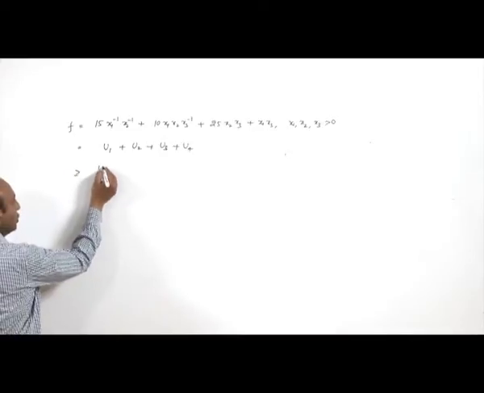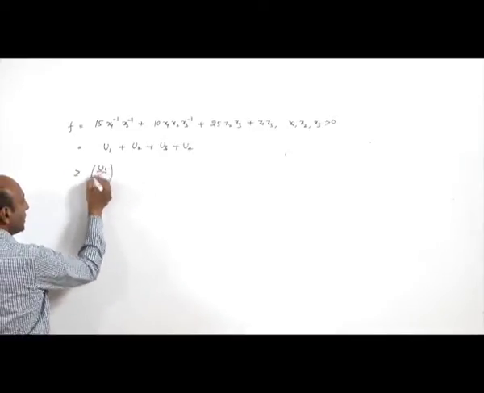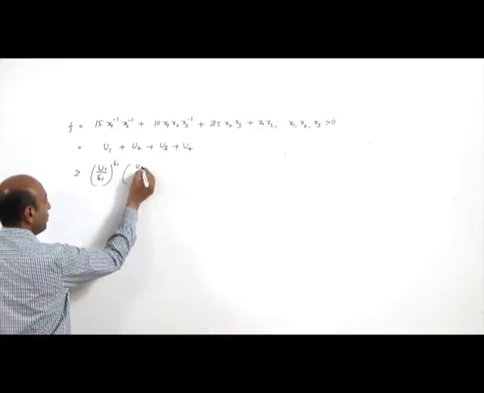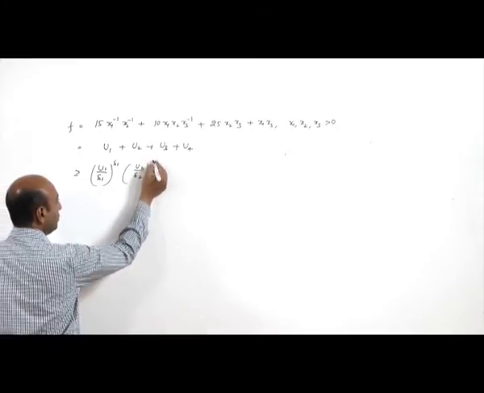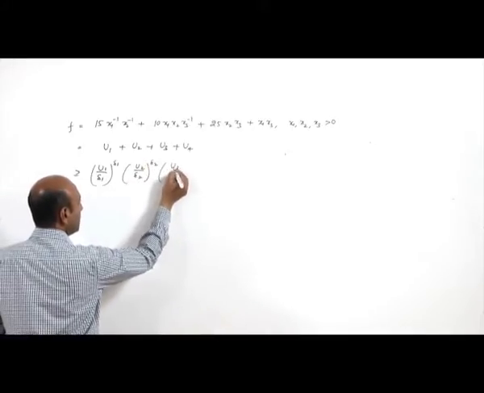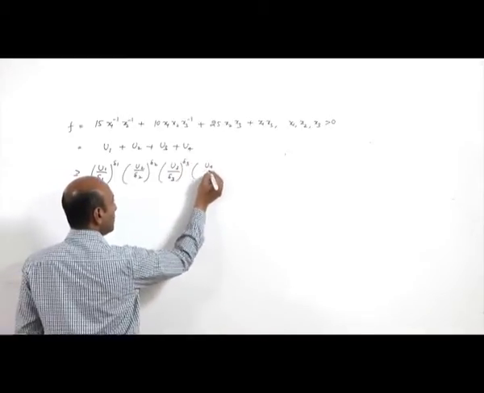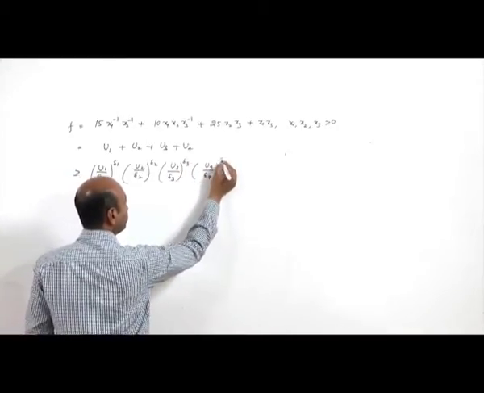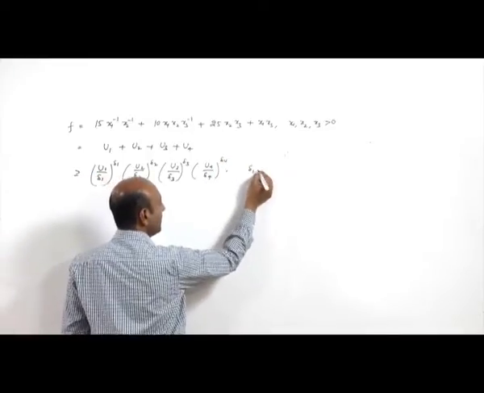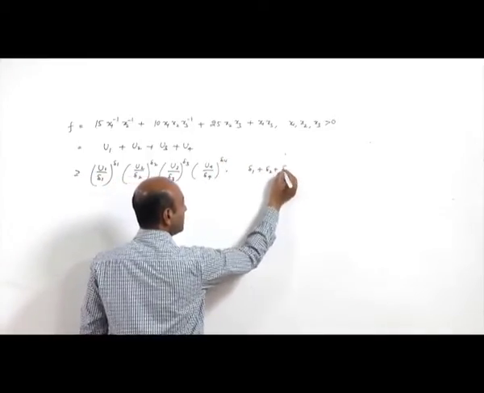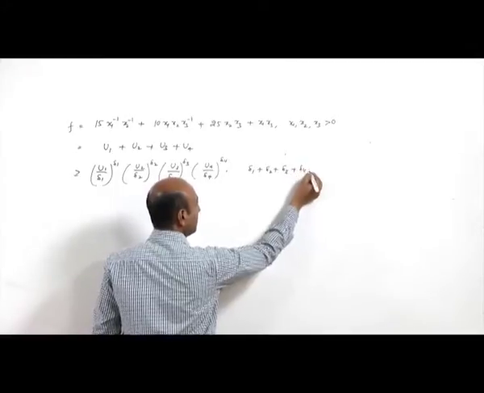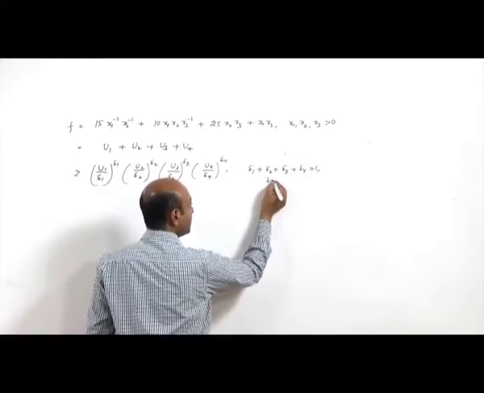Again we will use that inequality, the arithmetic geometric inequality. It is greater than or equal to (u1 upon delta 1) whole raised to power delta 1, (u2 upon delta 2) whole raised to power delta 2, (u3 upon delta 3) whole raised to power delta 3 and (u4 upon delta 4) whole raised to power delta 4, such that delta 1 plus delta 2 plus delta 3 plus delta 4 is 1 and delta i's are greater than 0 for all i.